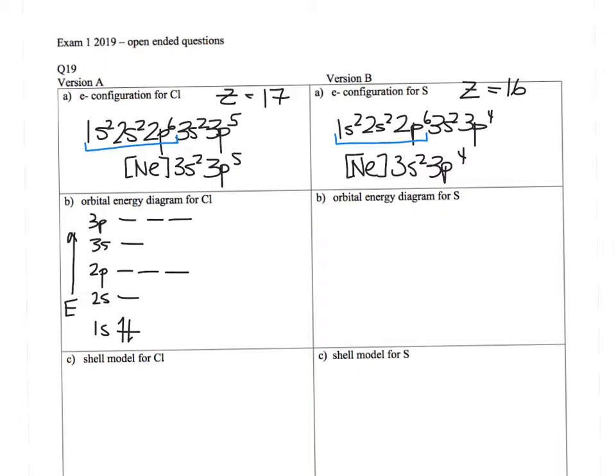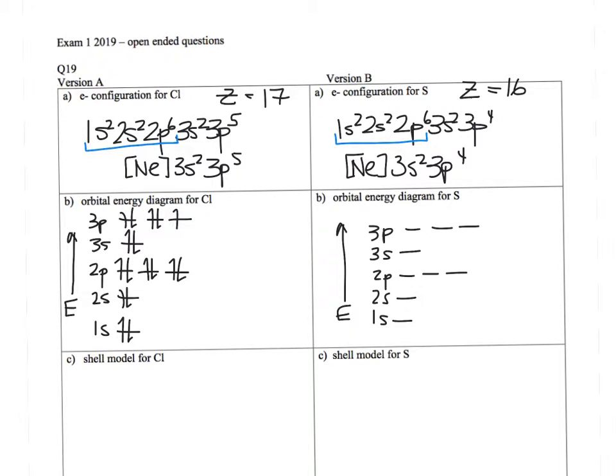And then finally, I need to show where the electrons are. So 2 electrons in the 1s, 2 in the 2s, 1, 2, 3, 4, 5, 6 in the 2p, 2 in the 3s, and then 1, 2, 3, 4, 5 in the 3p for chlorine. Sulfur is going to be similar, but of course it will have one fewer electron.